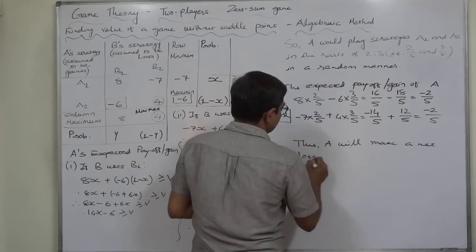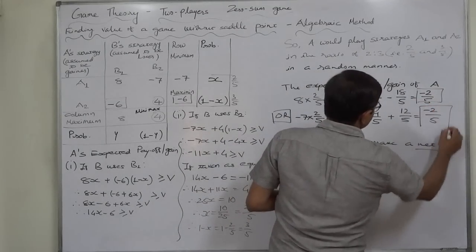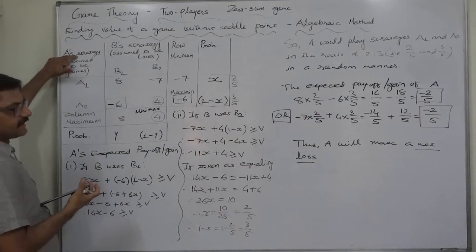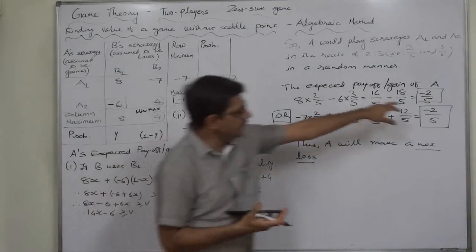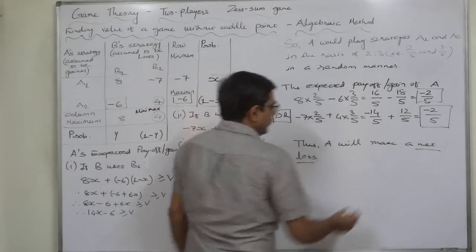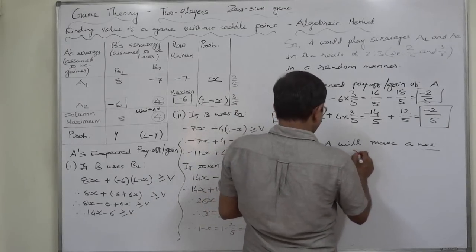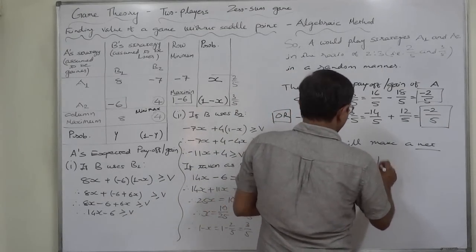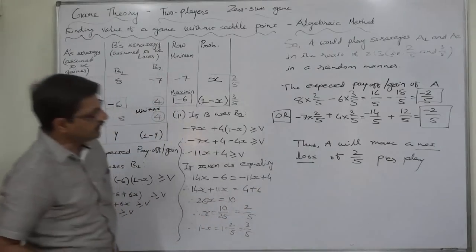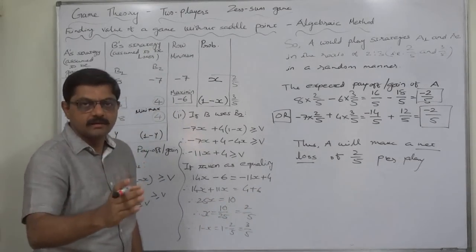Why net loss? Because his expected gain is negative and A is the gainer. If his gain is negative, that means he is going to make a loss. So A will make a net loss of 2 by 5 per play. This is average. Expected means average. Expected payoff or gain means expected payoff or gain per play.